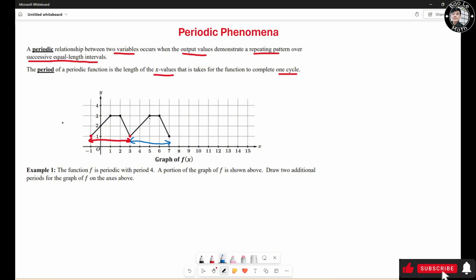And you see that the second shape is going to be identical to the first one, right? A portion of the graph of f is shown above. Draw 2 additional periods for the graph of f on the axis above. Alright, so we keep repeating this shape, right? So it's going to be like this.